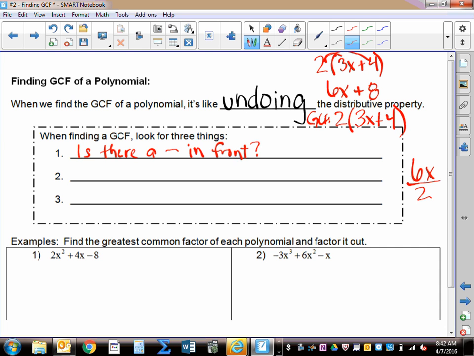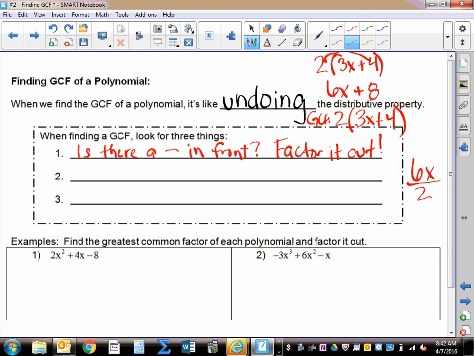If so, factor it out. So for example, number 2, what's your leading coefficient? What's that number in front? For number 2, what's my leading coefficient? -3. There's a negative in front, so I need to take out that negative. Anytime we have that negative in front, we need to factor out that negative.